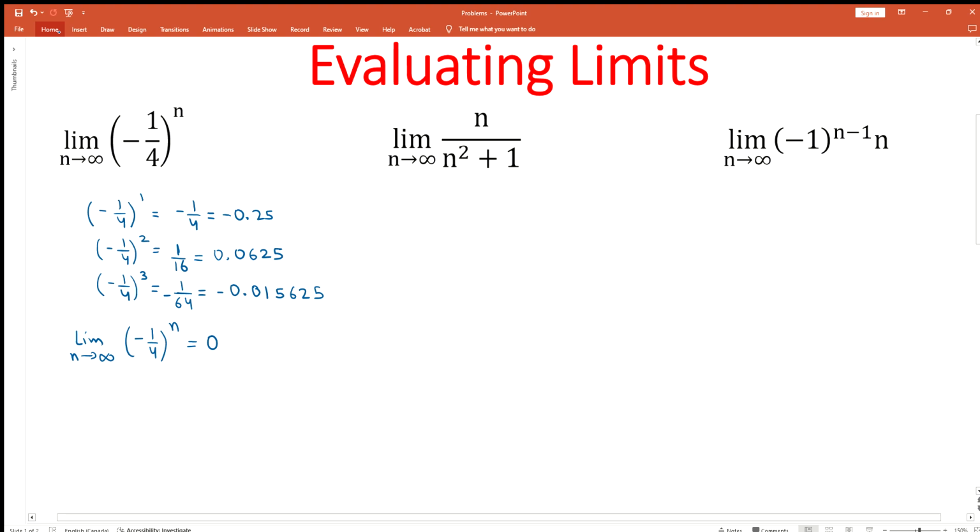We have to evaluate the limit n approaches infinity. So we can simplify this expression by multiplying both the numerator and the denominator by 1 over n squared, because the higher degree is 2 in this expression.